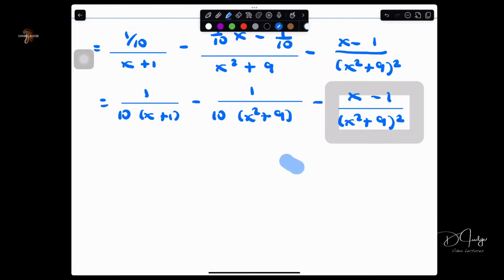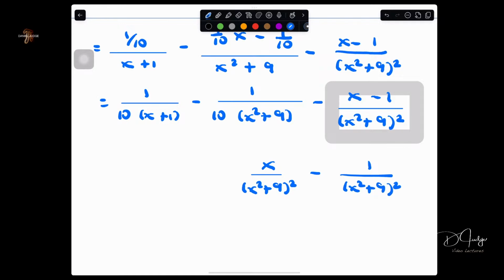We just focus on the fact that we have a difference over a denominator; we're really distributing the denominator, the x squared plus 9 is dividing both terms. It's dividing that difference. And this is the portion in gray, by the way.